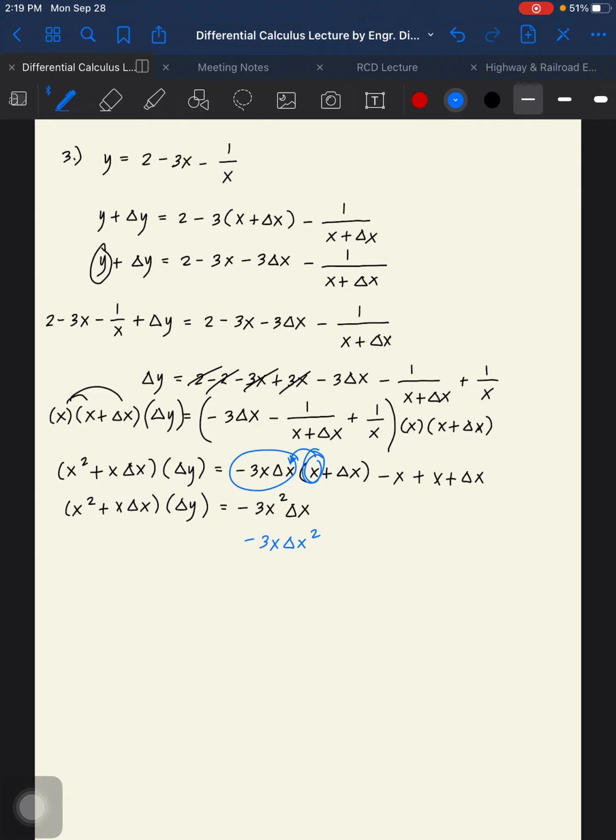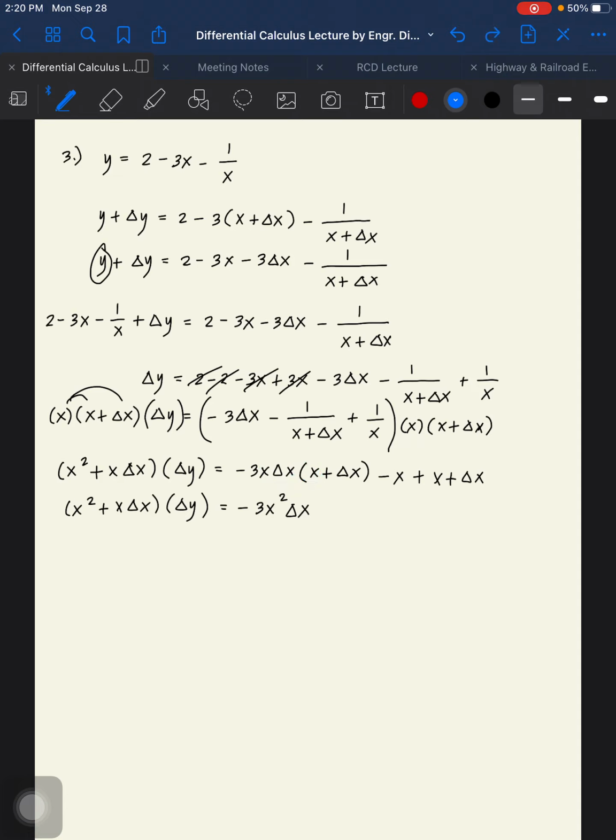So you cannot multiply x with the x in the delta x, because delta x is considered as 1 entity.